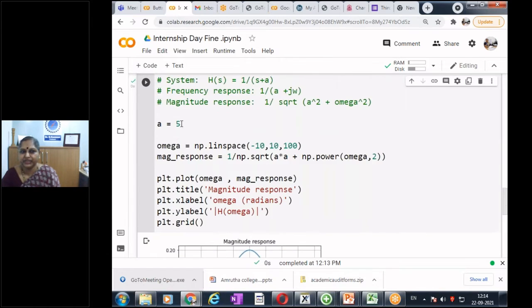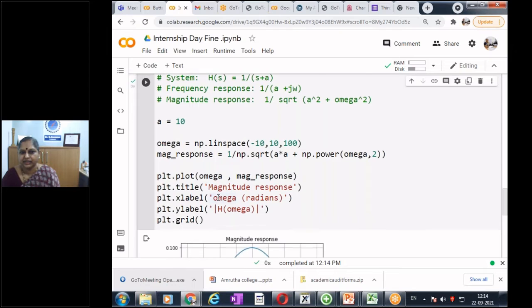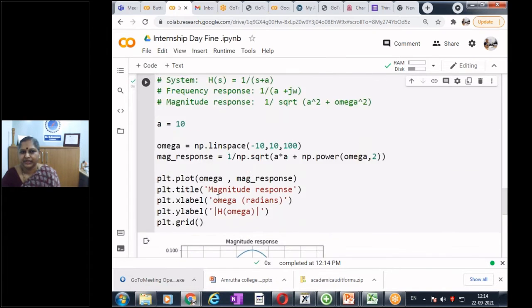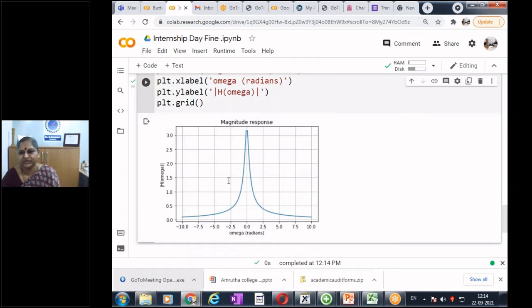Put a equal to 10 and see what happens. Then put a equal to 0.3 and see what happens. What happens when a equal to 0.3?